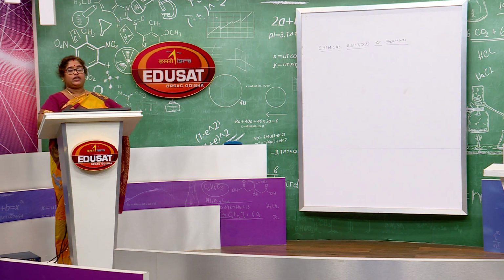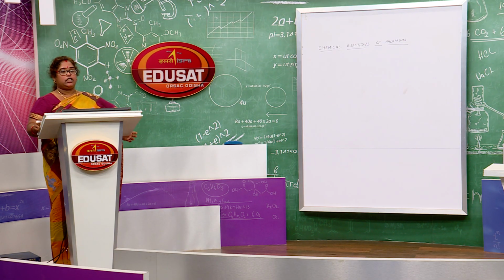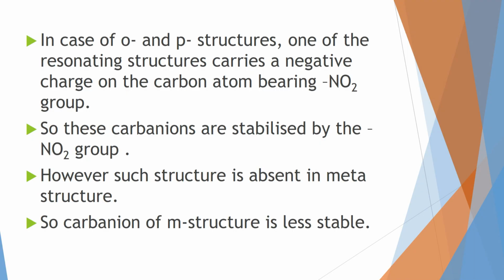You just see the resonating structures. In the first structure, what are you seeing? The chlorine atom possesses a lone pair of electrons which is shared with the benzene, and if you look deep into the structure, you will see that at the ortho position the minus charge is formed, and also at the para position the minus charge is formed.